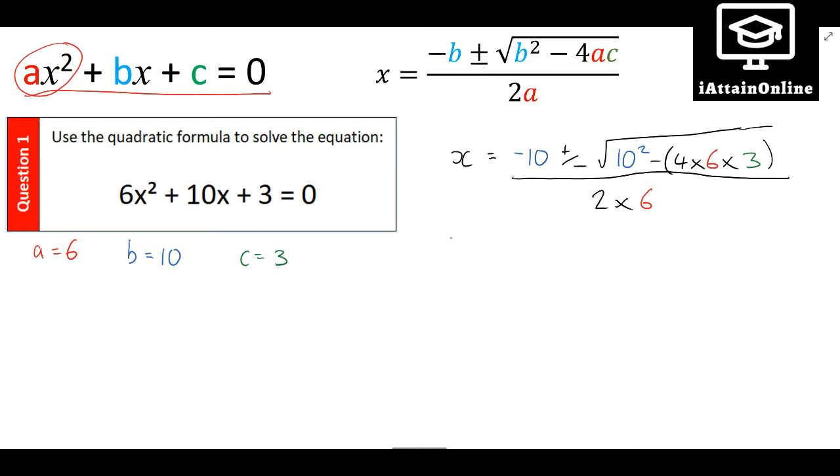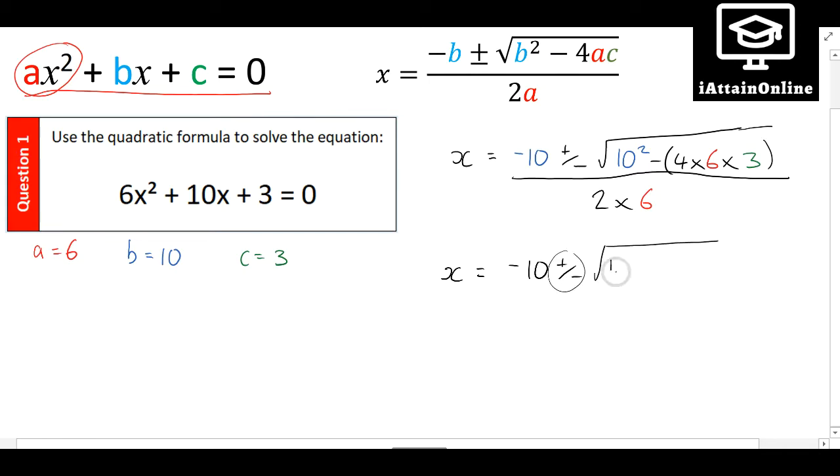So before I use the calculator, let's move that down a bit, I'm just going to tidy up our formula a little bit. So it's negative 10 plus or minus, I'll come back to this bit in a second. 10 squared is going to be 100, and we're taking away from that whatever is in the bracket. I'm still going to leave this in brackets for the minute.